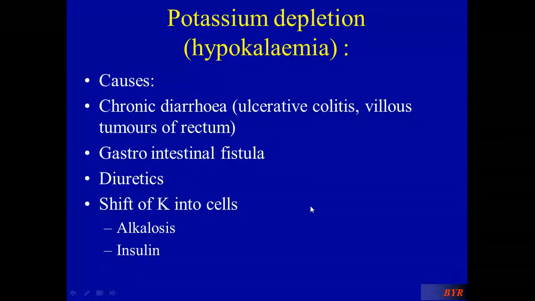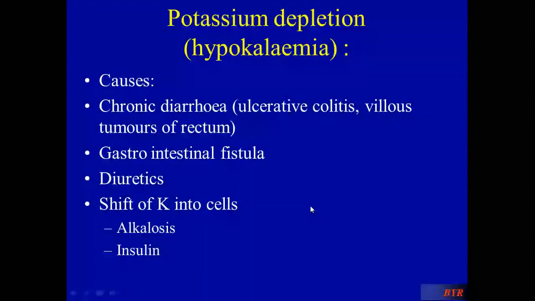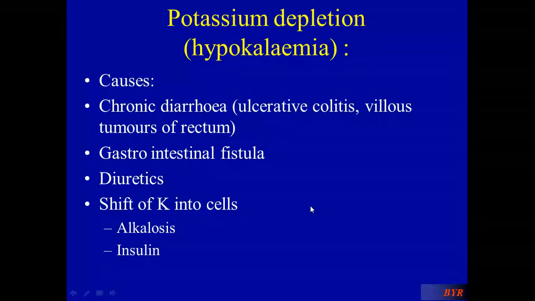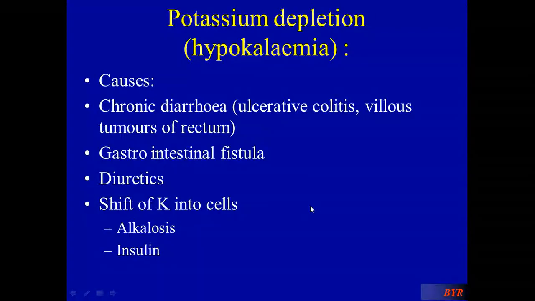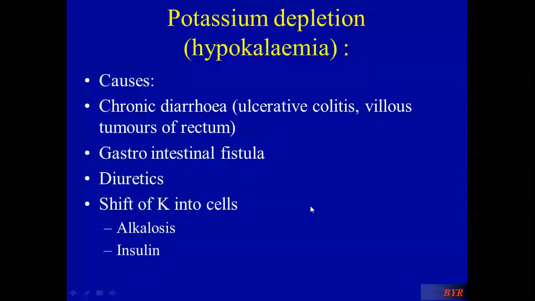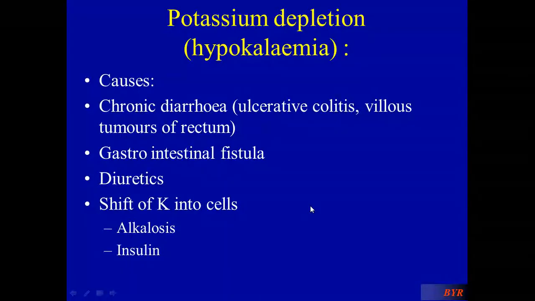There will also be shift of potassium if insulin is being administered, because insulin promotes transport of glucose into the cells. When glucose is being transported, automatically potassium also gets transported into the cells. So there is always some transport of potassium from the cells into the ECF and from the ECF into the cells. Then aldosterone also shifts it.